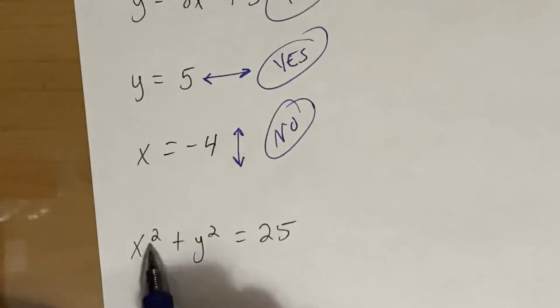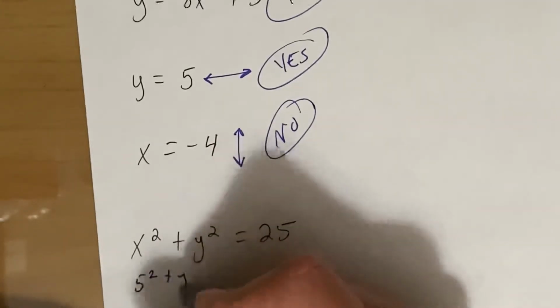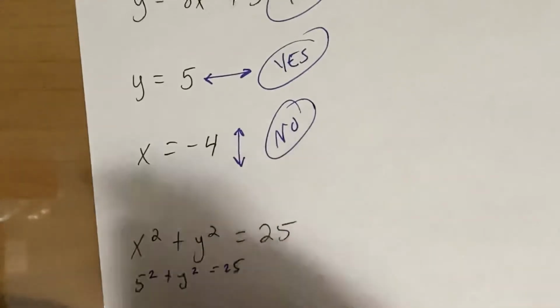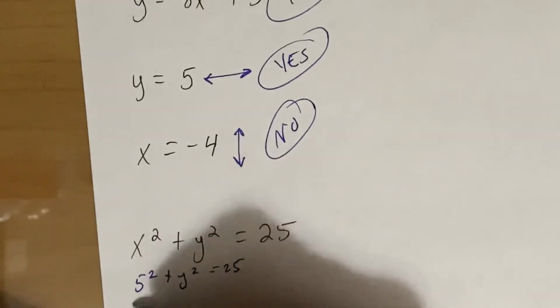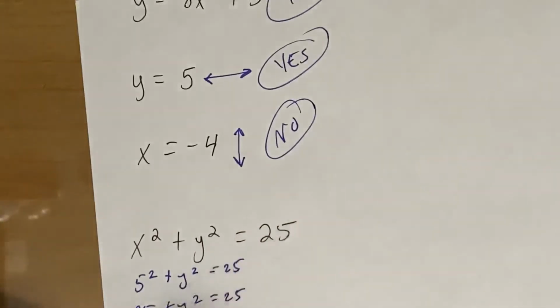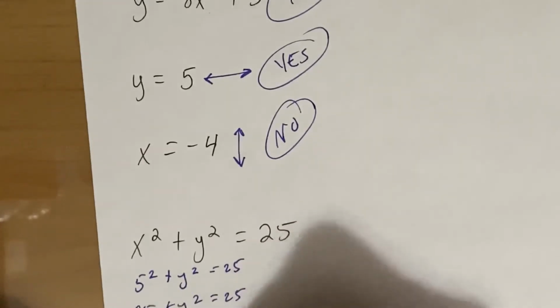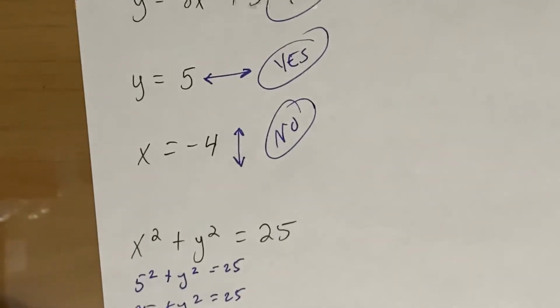If we plug in 5 for x, we're going to have 5 squared plus y squared equals 25. Well, 5 squared is 25, plus y squared equals 25. I could subtract 25 from both sides, and I get y squared equals 0. If I take the square root of that, then y equals 0. So I know that point's on my line, (5, 0).